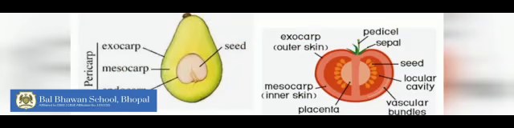Now let's discuss some facts about the fruit that you eat. For example, a mango. The skin of the mango in terms of science is called the exocarp, the outermost layer. Then the fleshy part that you eat is called the mesocarp. And then you have the seed in it, and the seed has a thick covering that is called the endocarp.